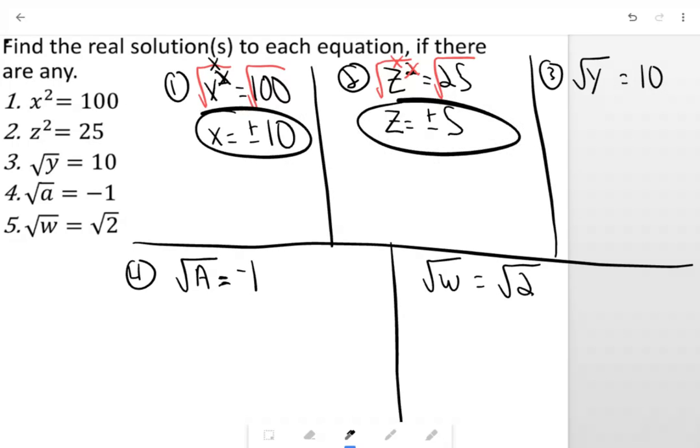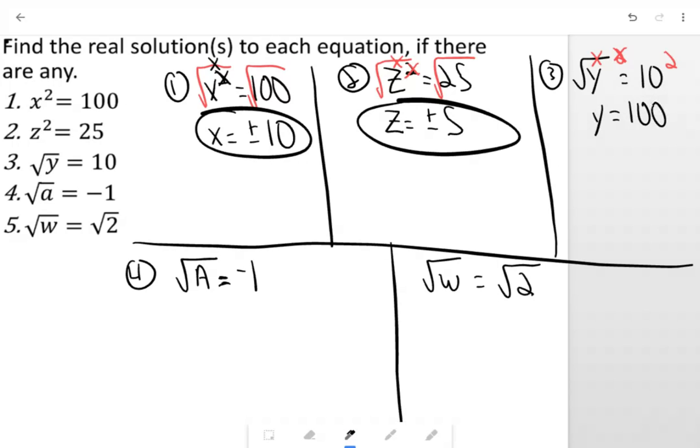Number 3, the square root of y equals 10. To solve that one, instead of square rooting both sides, I'm going to square both sides because the squared and the square root will cancel each other out here. So I end up with y equals 10 squared, which is 100.